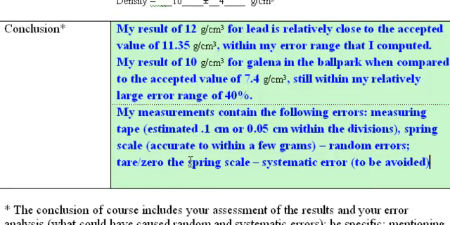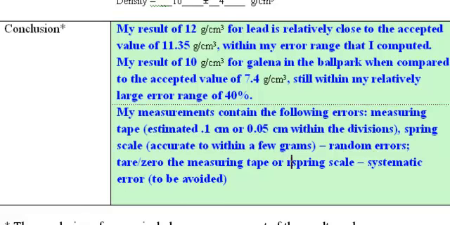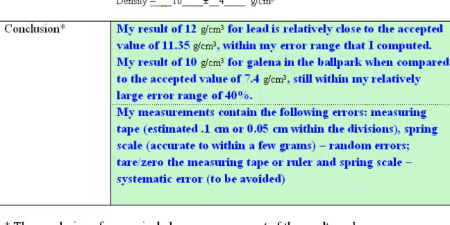And the same for the measuring tape that I used. So tare or zero the measuring tape. I think I showed that in the video as well, that if I start at the wrong point, not at the zero, but at the end of the measuring tape, that is not the same. I think I used a ruler actually. So measuring tape or ruler and spring scale, I get a systematic error that I should avoid.